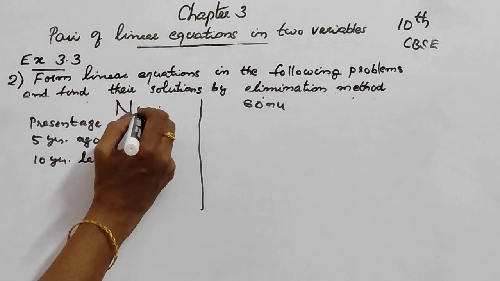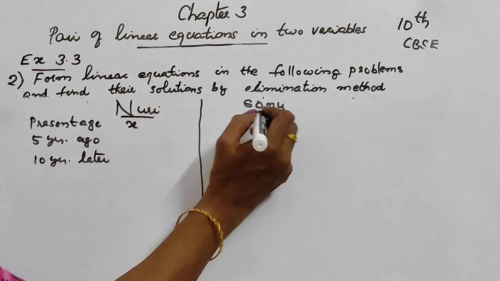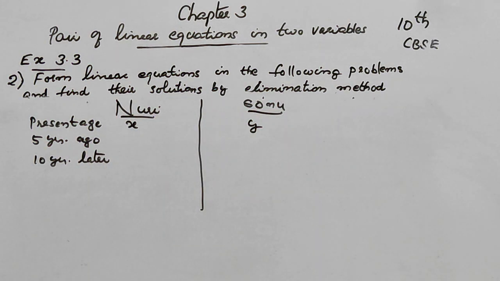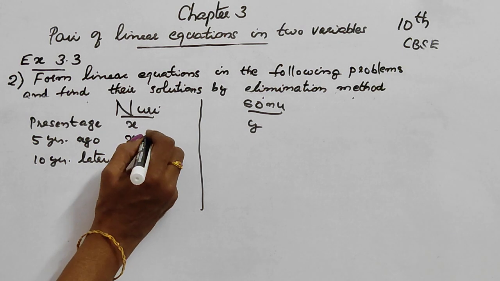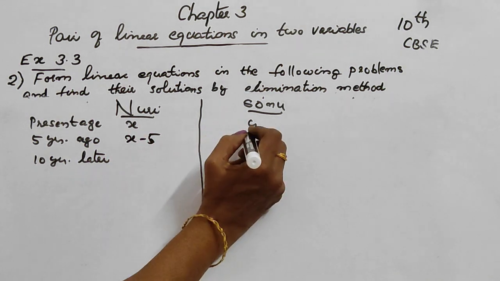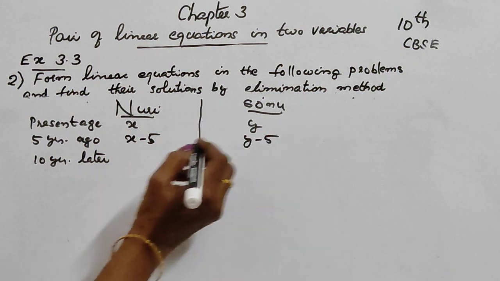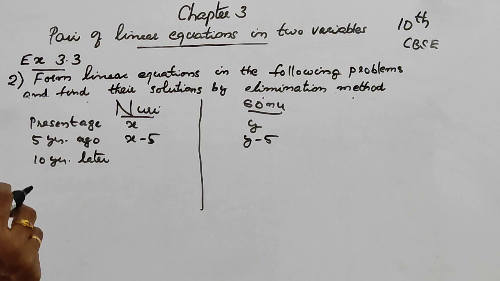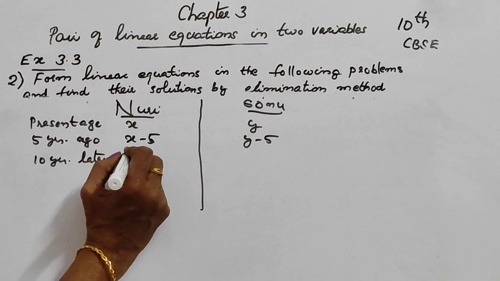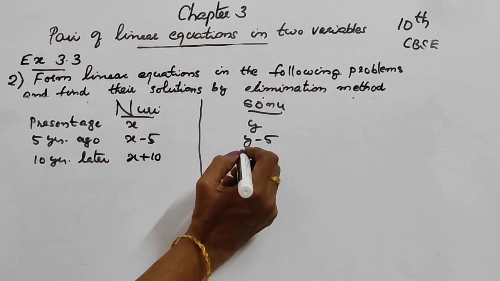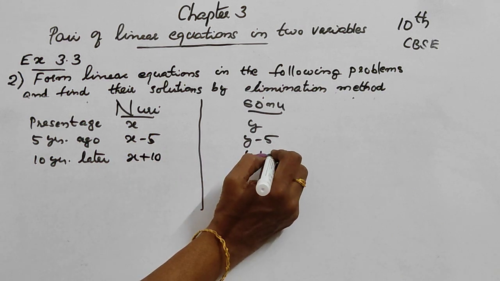Present age of Nouri be x and that of Sonu be y. 5 years ago, their ages decrease by 5. So we can write x minus 5, here y minus 5. 10 years later means 10 years increases from the present age. x plus 10, here y plus 10.